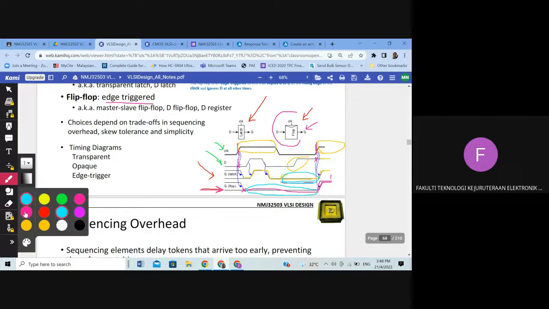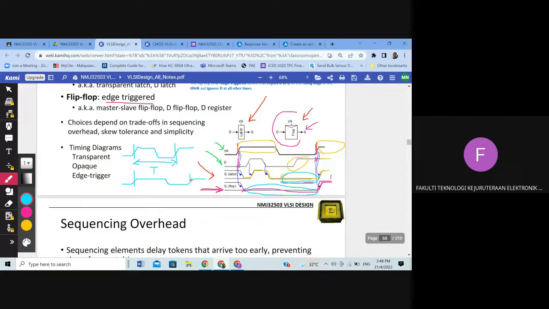Maybe I can sketch a different one. This is a clock. The clock period is actually the repetition of the pattern. So this is T. When we increase the T, for example, your clock becomes like this one, we will allow more time for the late arriving signal.